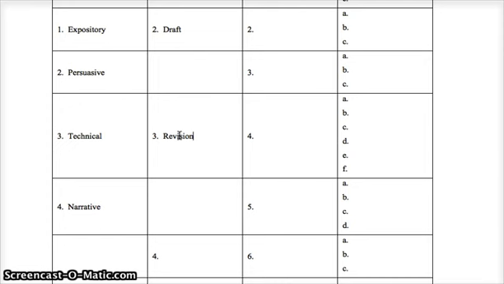Revision usually includes great big global kinds of things. For example, do you have to totally reorganize your paper in order for it to have its greatest benefit? Or do you need to think about writing it from a different point of view? Perhaps you wrote it from third person point of view, and you need to consider writing it from first person point of view. Revision would have to do with verb tense, perhaps. Did you write it in the past tense?